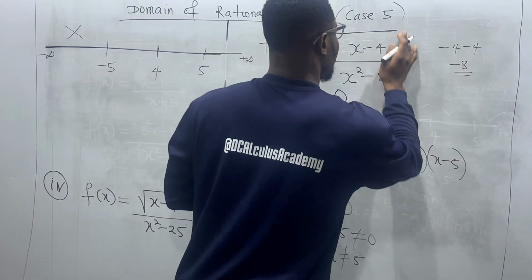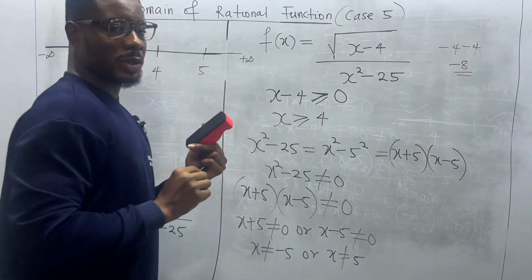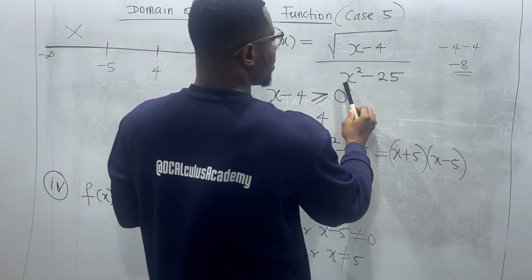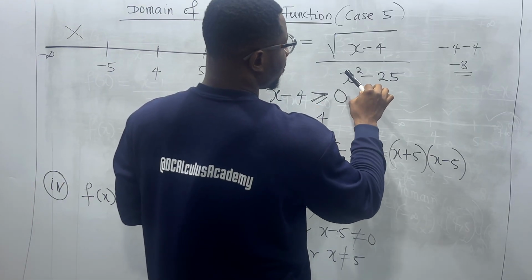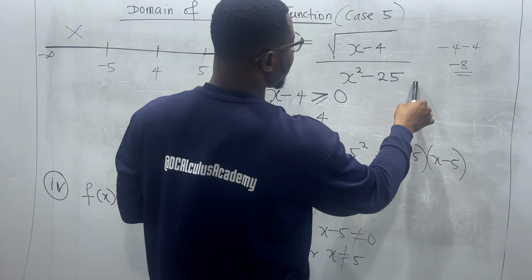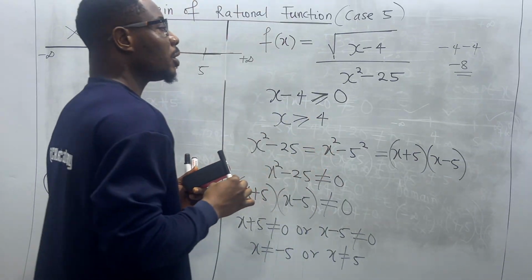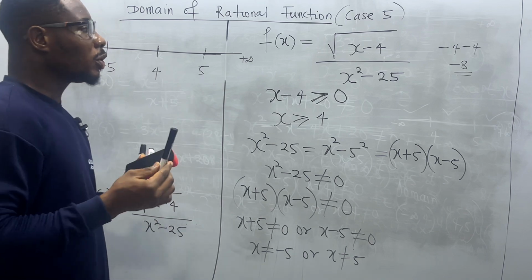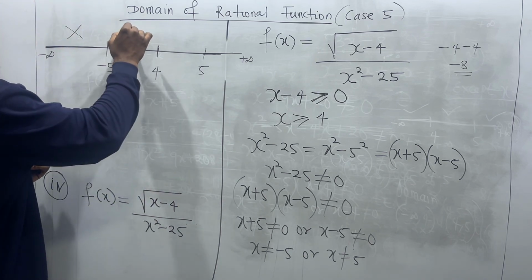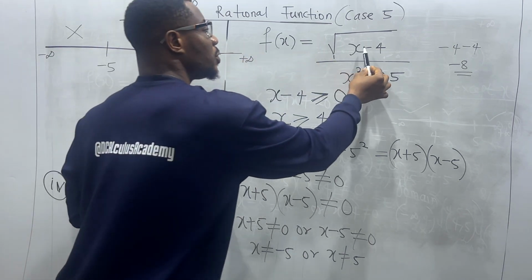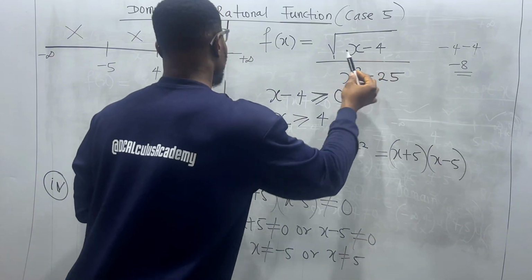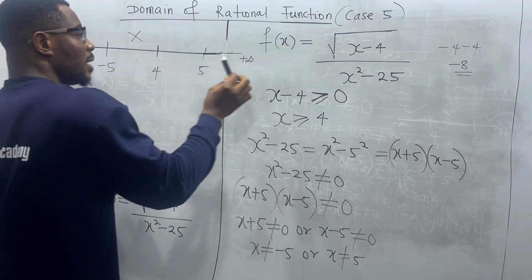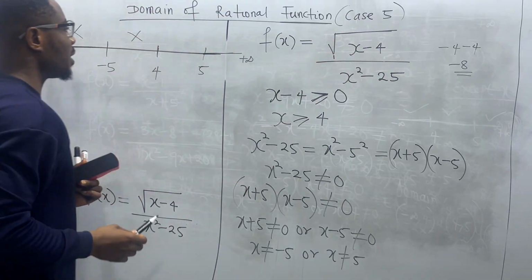Now, negative 8 under a square root is not possible, it's undefined. But negative 4 here gives us negative 4 squared, that gives me 16 minus 25. The bottom is going to give us a number that is not 0. But what rules this side out is the fact that I cannot use a negative 4 here. I cannot use any number between minus 5 and 4, it will make this function undefined. So this guy is out.